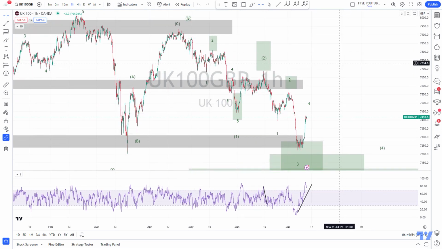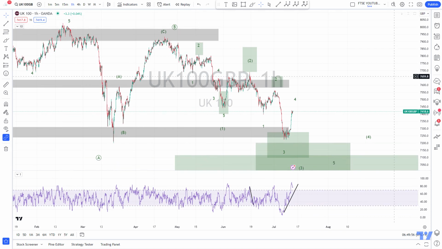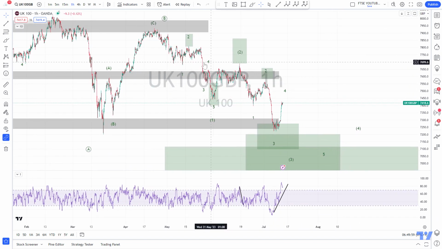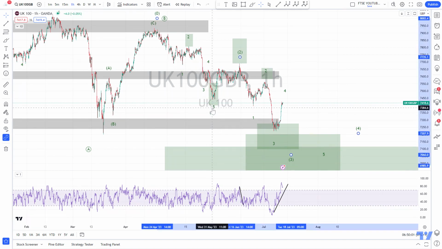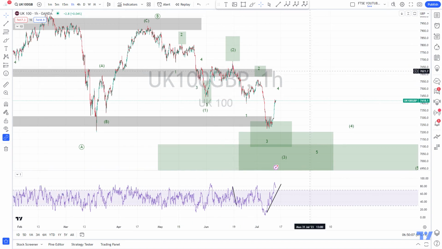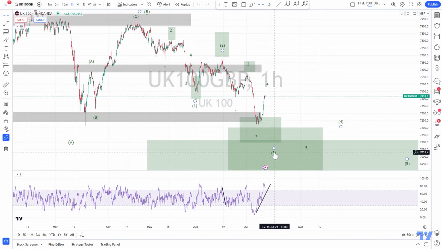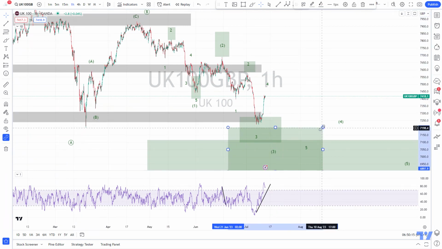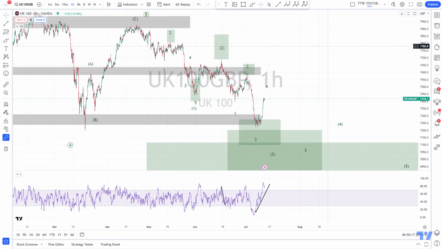I believe we did here a wave 1, then a wave 2 to the upside as an ABC correction. And then here I think we are working on a wave 3 that should end here into this area.